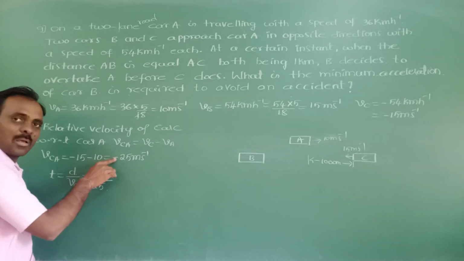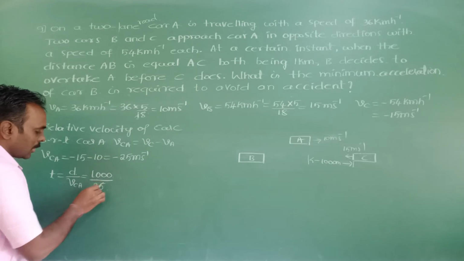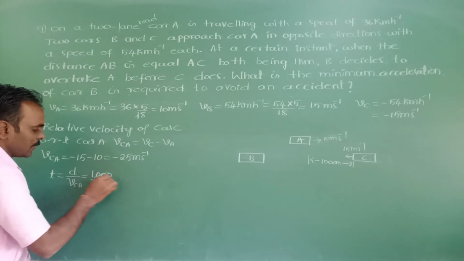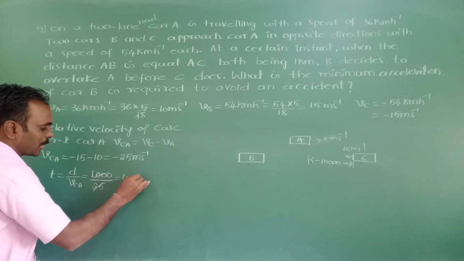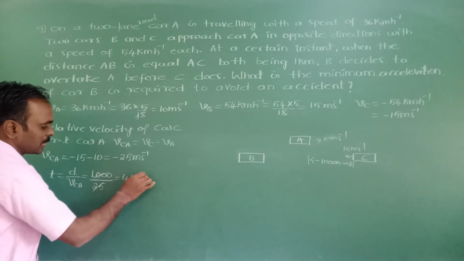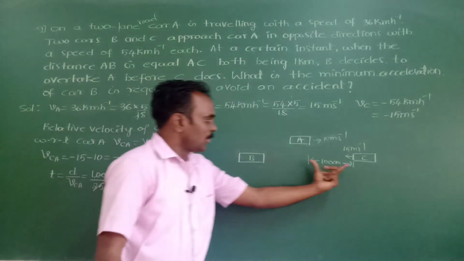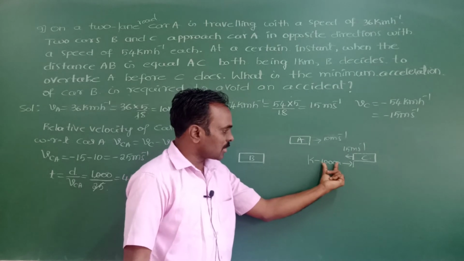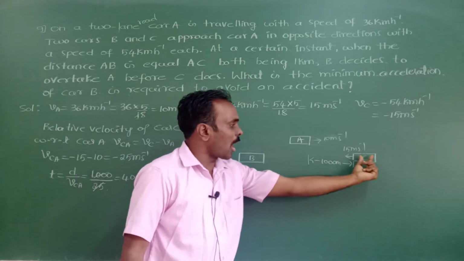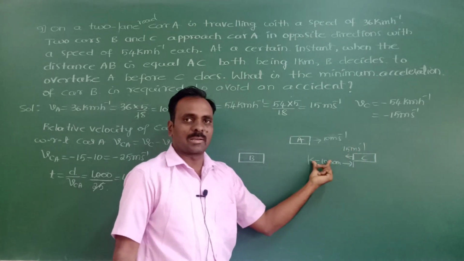I will not consider a negative sign. So 25 times 40 is 1000. So it means to cover a distance of 1000 meter, car C requires 40 seconds.